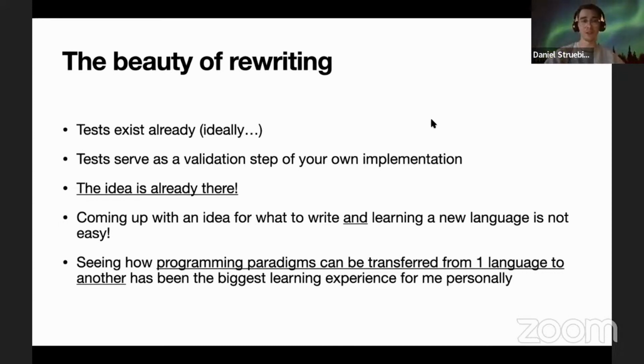It's a very good way of cross-pollinating your own knowledge, if that makes sense. To simply say, okay, so you have similar paradigms. How are they achieved in two different languages?